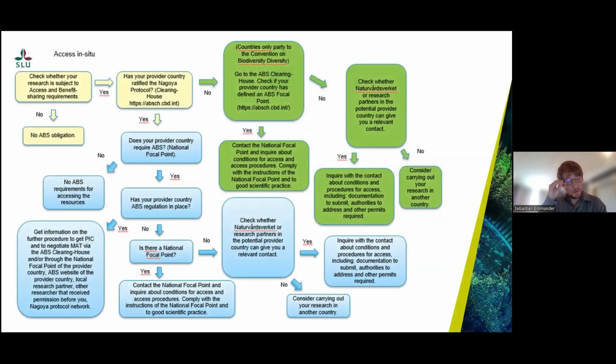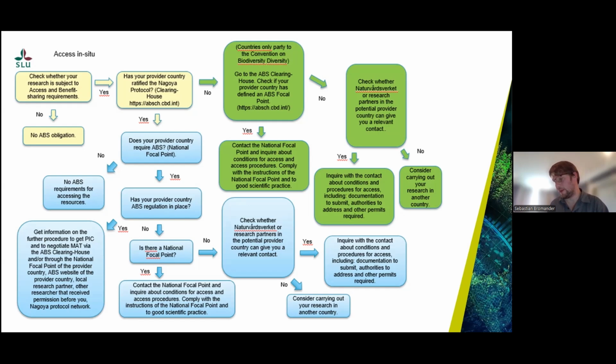Sometimes I get a step-by-step question: how do you really work with it? I made this. I don't know how clear it is, to be honest, but this is how I would approach it. Also be aware that, as you saw on the map, not all countries are part of the Nagoya Protocol, but they may still have their own access and benefit sharing rules that they expect you to follow.